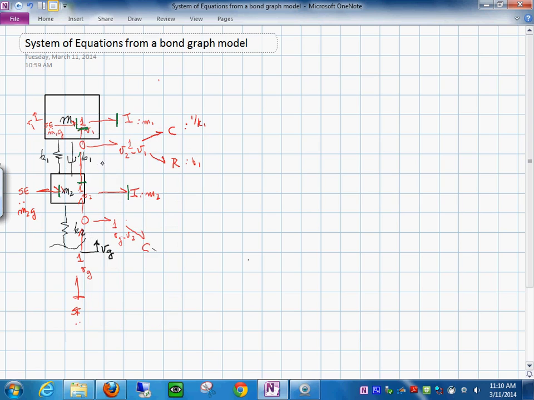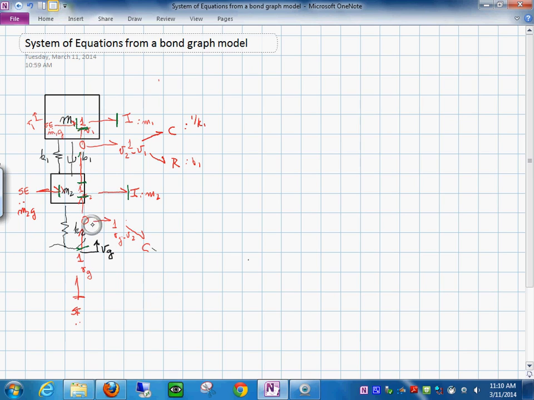Okay, so let's put this one in here, because when you put this in integral form, this has to be like this.